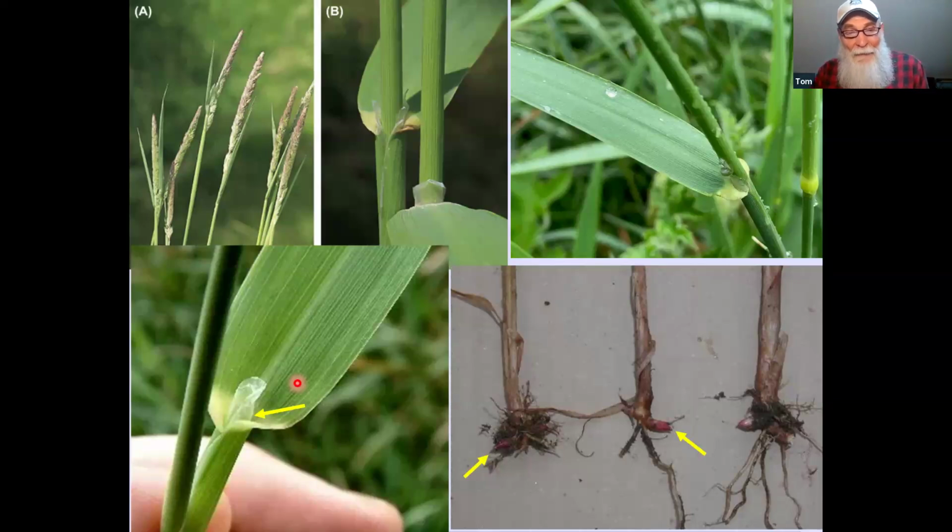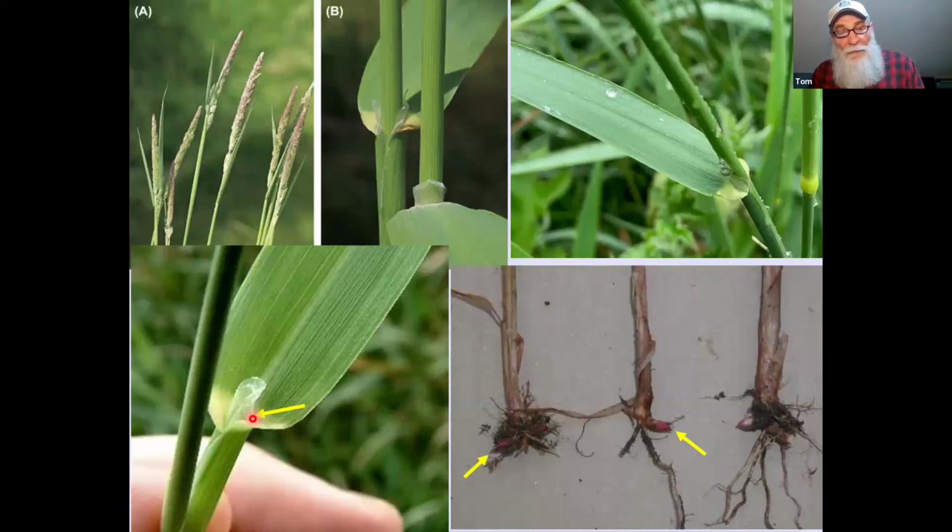None of those species have that pubescence on the backside of the ligule. Again, I don't know for sure how much this persists into more mature plants. It looks to me like it does persist in the lower half. The upper half doesn't have any hairs on it on either side. But it looks like there could be some hairs still present right down here.